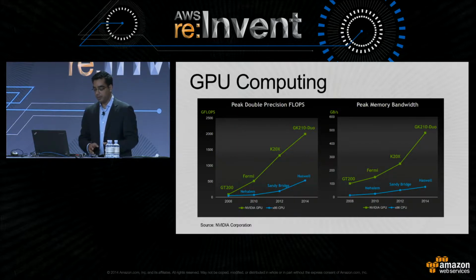In the meantime, the Intel or traditional CPUs have been riding the computing industry for like 30 years, rode this exponential called Moore's Law for a long time, and that transformed the world.